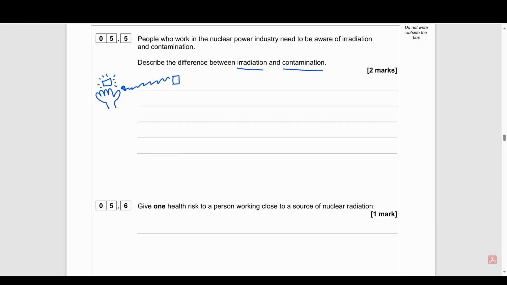So when a person is coming into contact with a radioactive material, that's contamination. When a person is exposed to radiation, that is irradiation. So let's just make that clear. Irradiation is the exposure of an object to radiation.